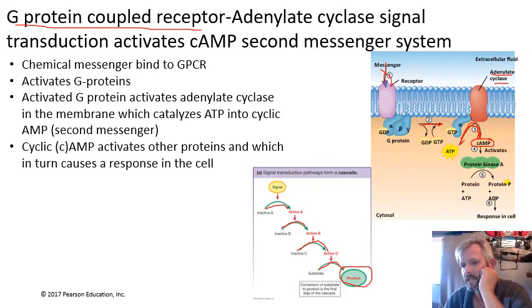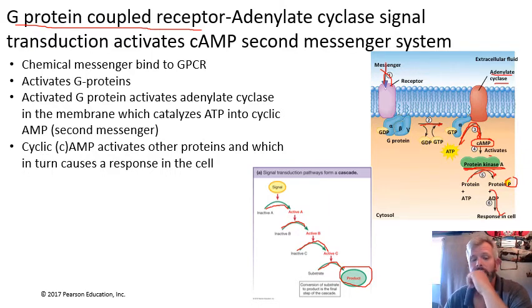In this case, cyclic AMP in the cascade is going to activate a protein kinase A. As we talked about with enzymes, a kinase phosphorylates protein. It's going to phosphorylate this protein, and that can activate this protein, and we can get a response in the cell.